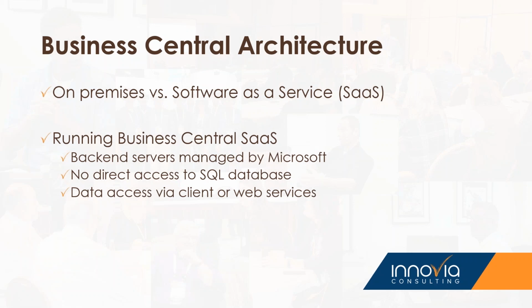However, because they're doing that, it now limits the access that we have. We are used to being able to get to the SQL Server when we're running on premise. When you're on SaaS, that is no longer an option. So I have no direct access to the SQL database. And that is really the driving change here that we're going to be talking about today.